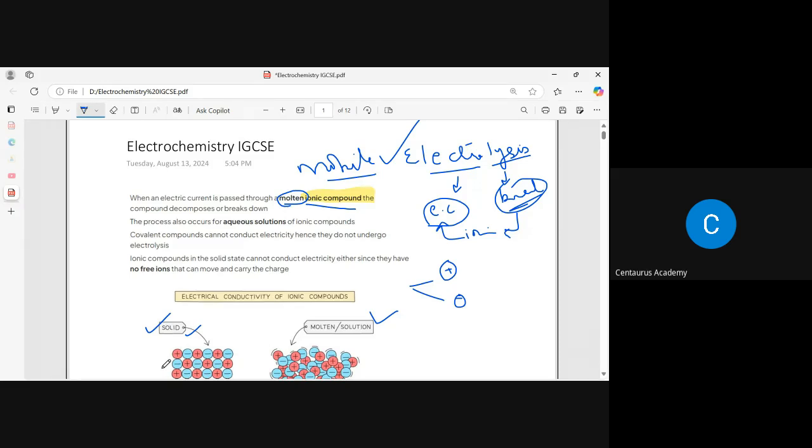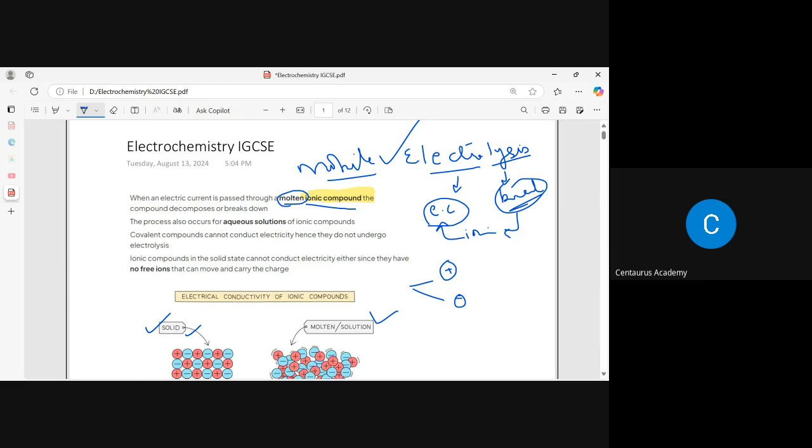Also, covalent compounds are not able to conduct electricity. Hence, covalent compounds cannot undergo the process of electrolysis, because they do not have any ions. So basically, you need either delocalized electrons or mobile ions for any substance to act as an electrolyte.